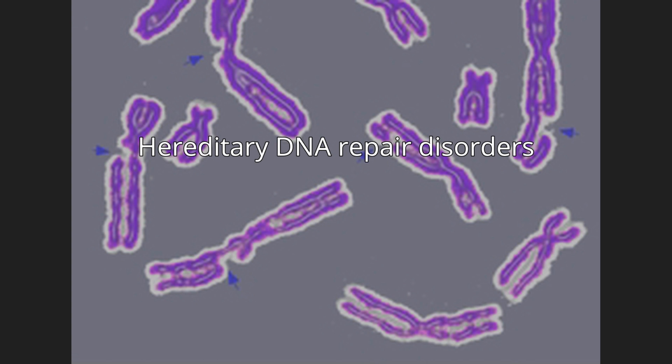All of the above diseases are often called segmental progerias, accelerated aging diseases, because their victims appear elderly and suffer from aging related diseases, while not manifesting all the symptoms of old age. Other diseases associated with reduced DNA repair function include Fanconi anemia, hereditary breast cancer, and hereditary colon cancer.